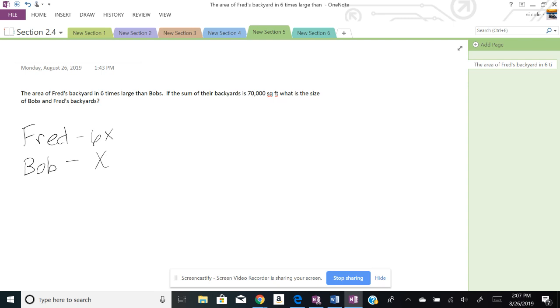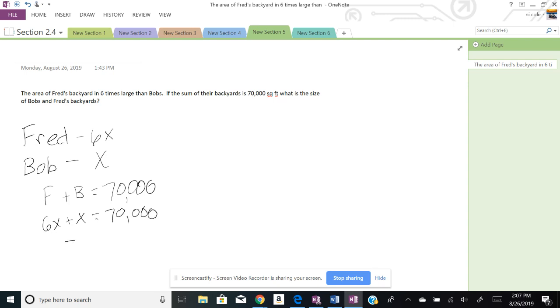Okay? Then the second part says if the sum of their backyards is 70,000, that means that Fred plus Bob is equal to 70,000. So I'm going to replace Fred with 6x and Bob with x, and that's going to equal 70,000.